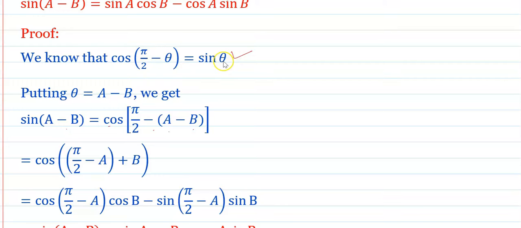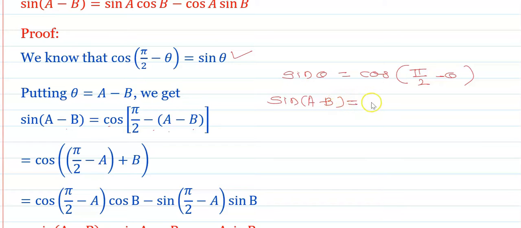If you replace this theta, if I write here, sin theta is equal to cos of in bracket pi by 2 minus theta, and if I replace this theta as A minus B, therefore you will get here sin in bracket A minus B is equal to cos of in bracket pi by 2 minus in bracket A minus B bracket complete.